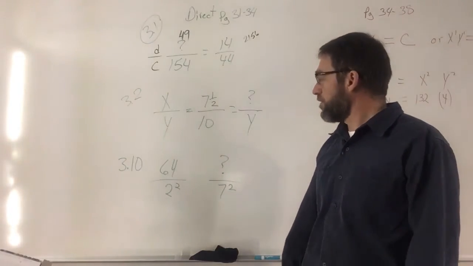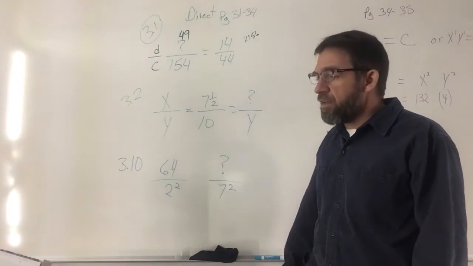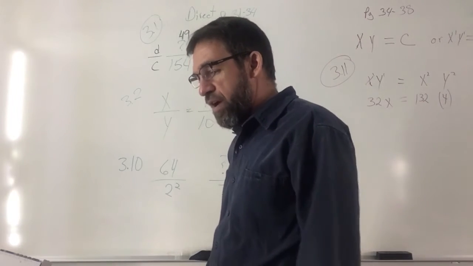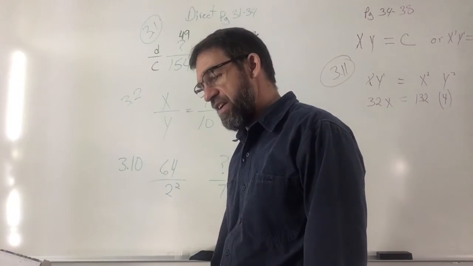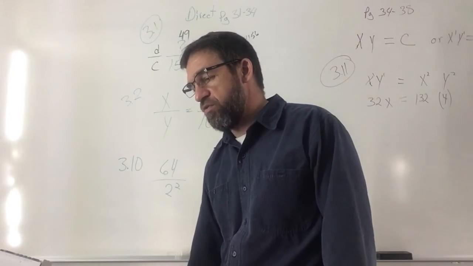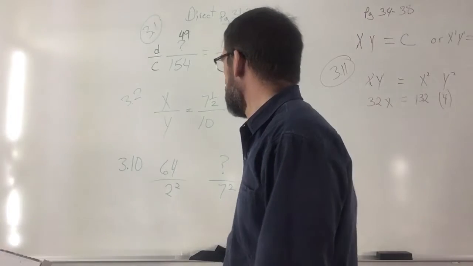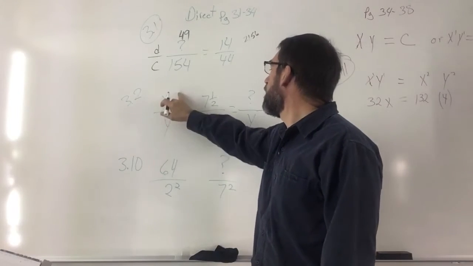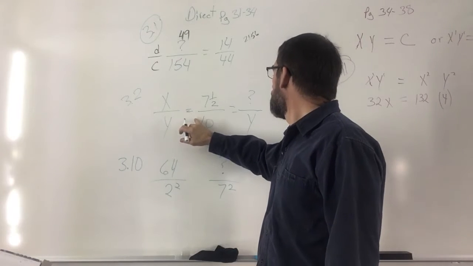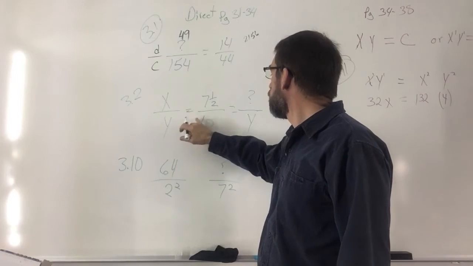Now just drop down to the very next one: if x varies directly as y, and x is 7.5 when y is 10, find what x is when y is 4. So I again set them up, x is 7.5 and 10 is y.